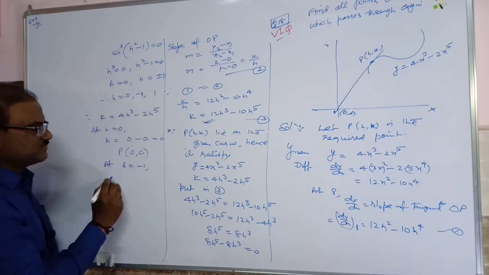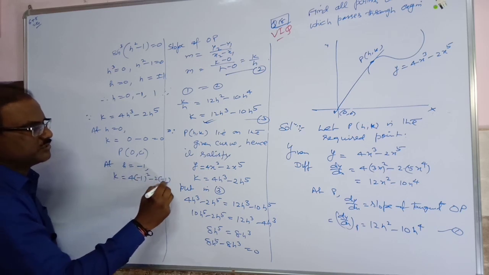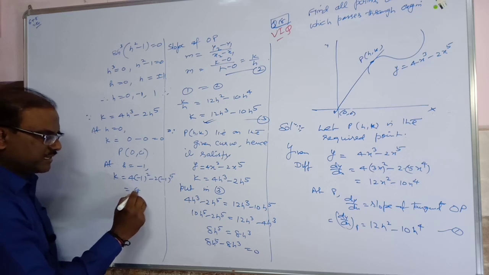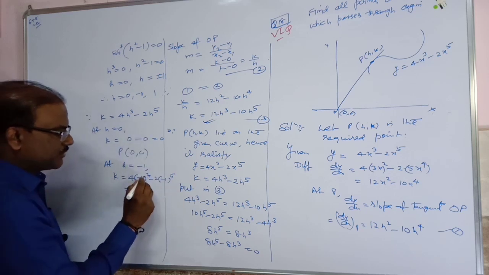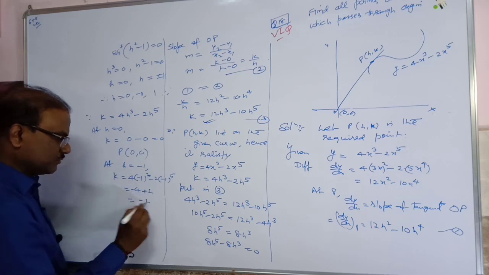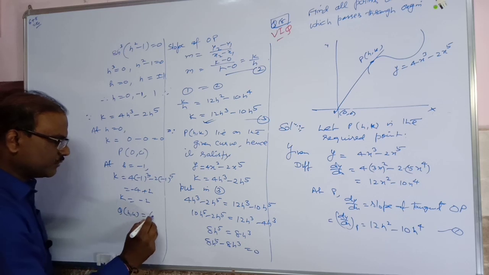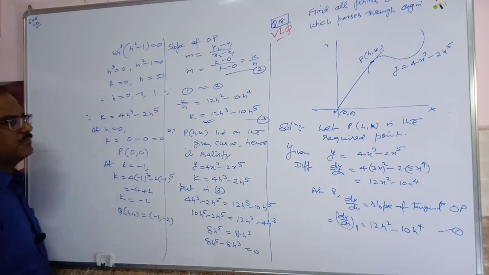Okay, h की वैल्यू माइनस 1 रखते हैं. k is equal to 4 into (minus 1) cube minus 2 into (minus 1) to the power 5. In that way minus 1 to the power cube, then it will be minus 4, then it will be minus 2 into minus 1, plus 2, so minus 2 आ गया. तो h कॉमा k को, है ना, minus 1 और minus 2 आया.